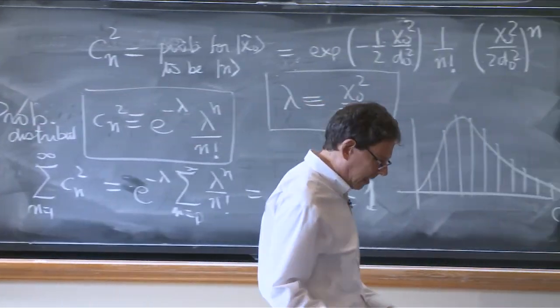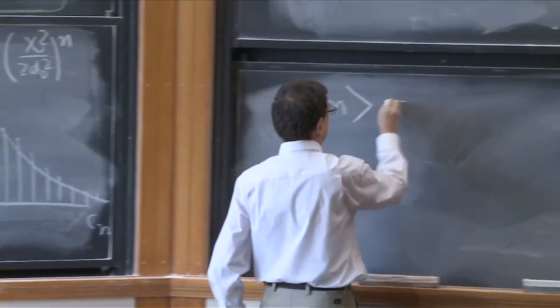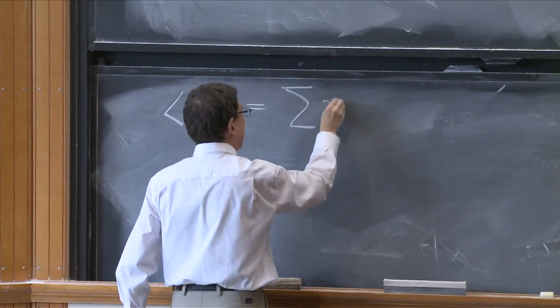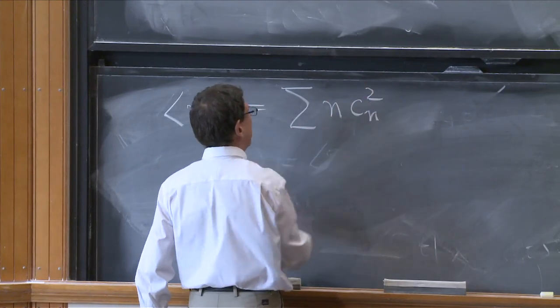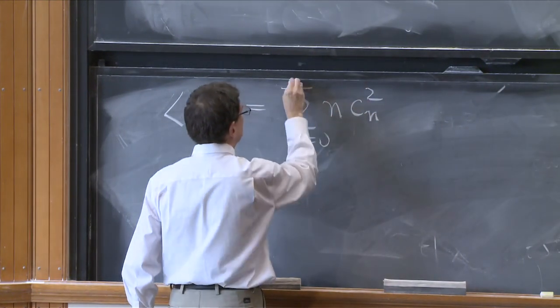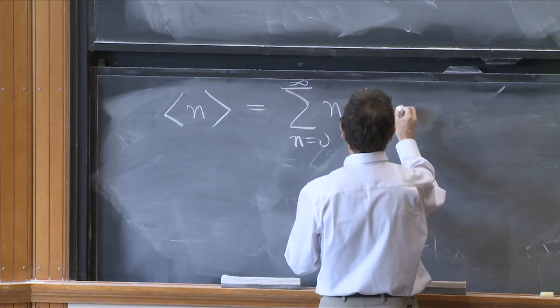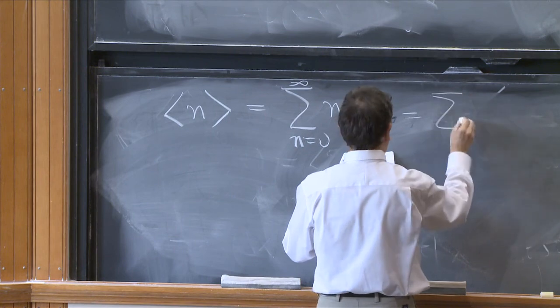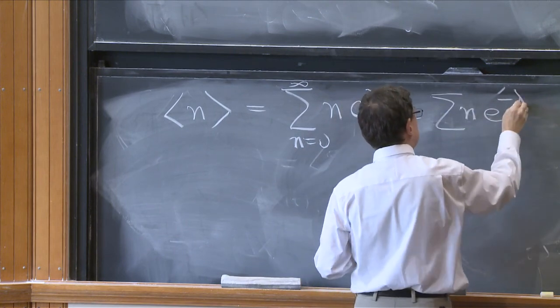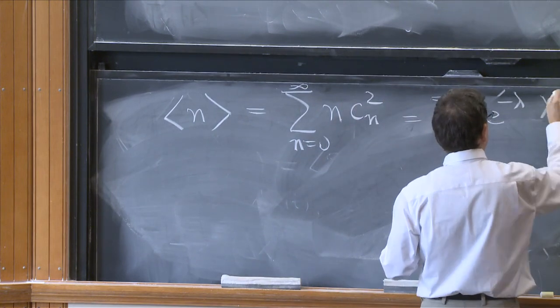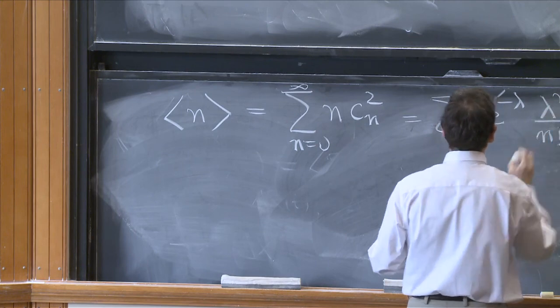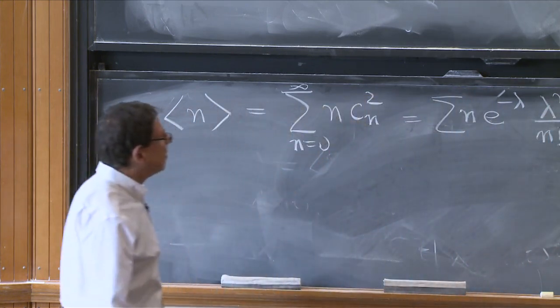But probabilistically, what is the expectation value of n? You should sum n times the probability that you get n. So this is the sum over n of e to the minus lambda, lambda to the n over n factorial. So you got an n there.